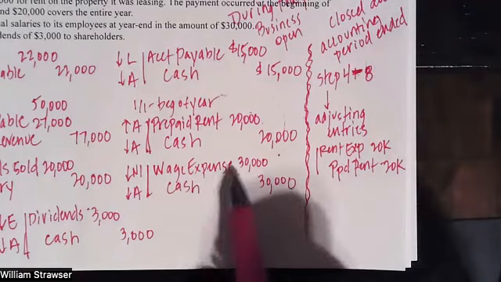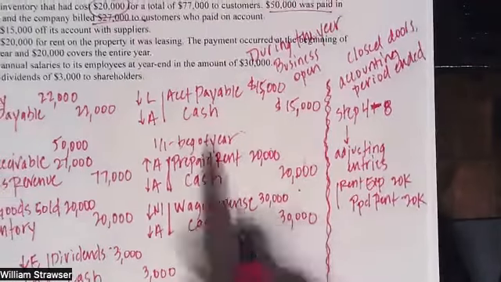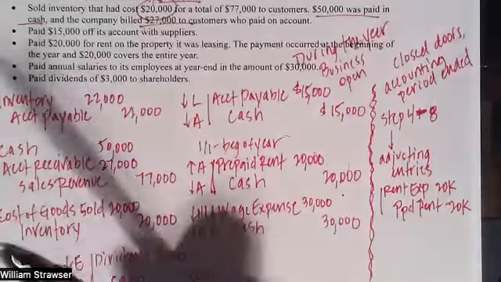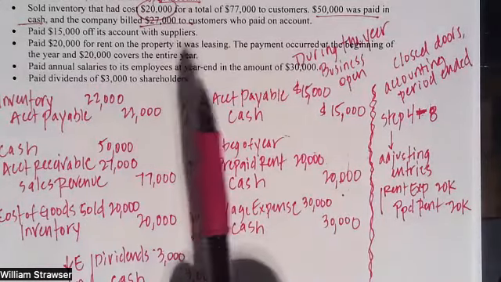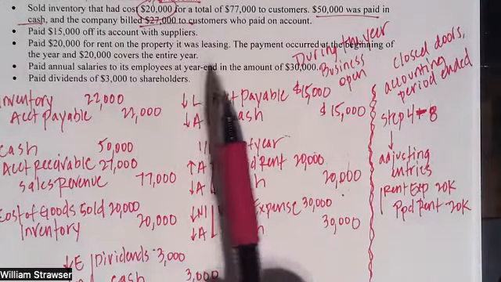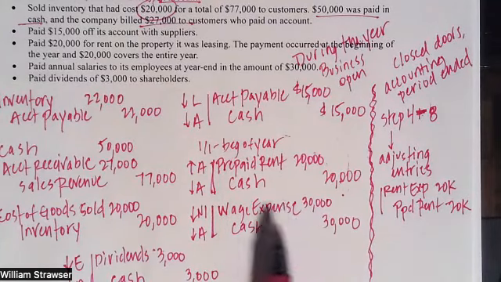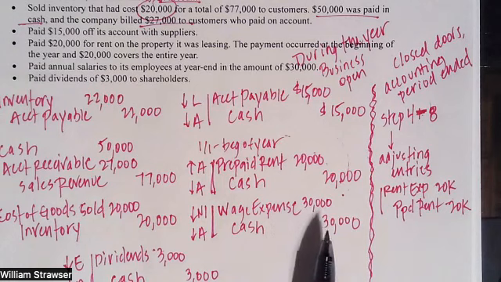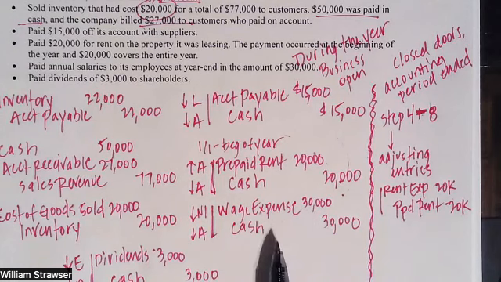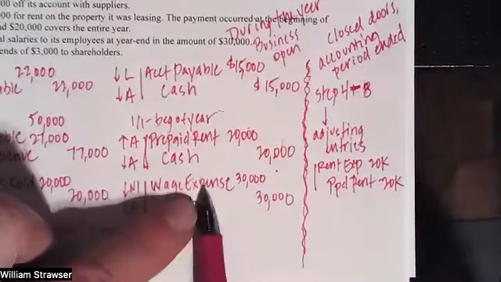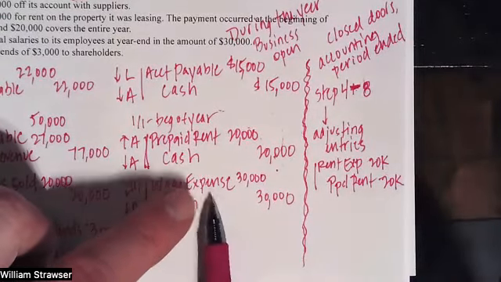Here, wage expense, notice I was very particular to say I paid annual salaries to my employees at year end in the amount of $30,000. So this is their salary that they get based on a year, and I paid it at year end. That's why this was just a normal entry. That's why I recognize the expense at that point.